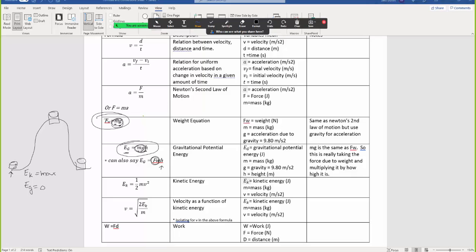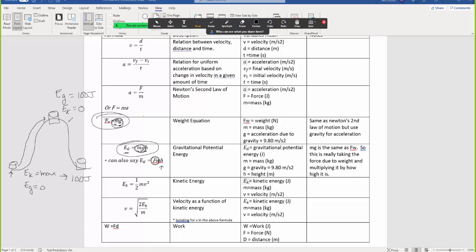So if I say that this bucket, when I lift it up, has kinetic energy equal to 100 joules, okay? As this is going up, the kinetic energy is going down and the gravitational potential energy is going up. So now at the top, the gravitational potential energy has all of the energy, and the kinetic energy, when it's at the top, it stops. So at the very top, it's not moving, and the kinetic energy is 0, and everything is gravitational potential energy.